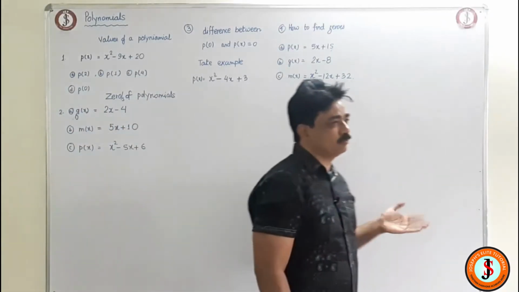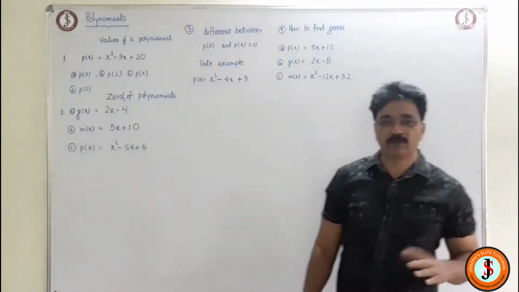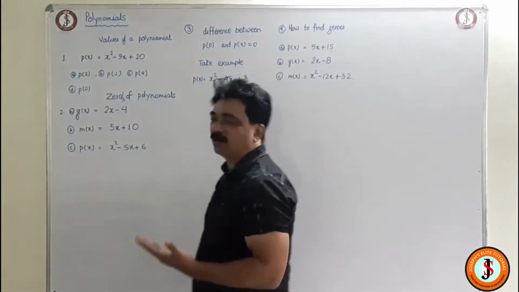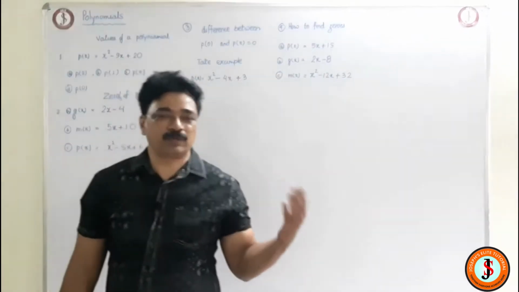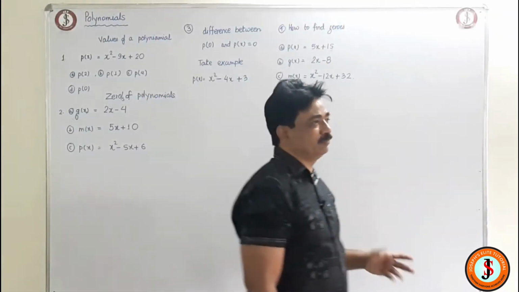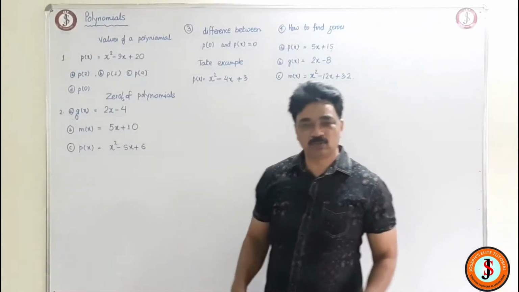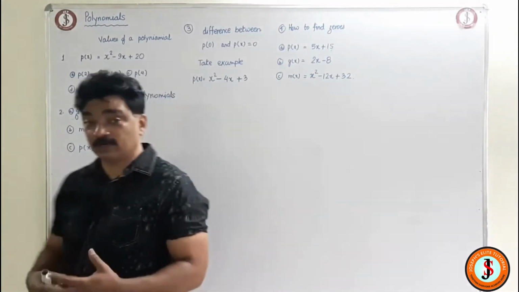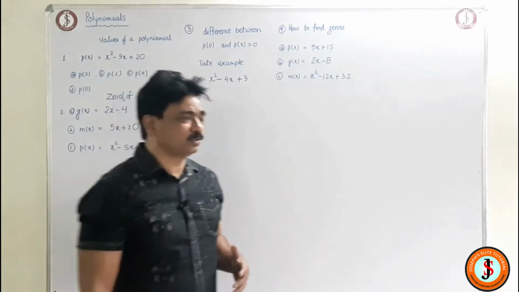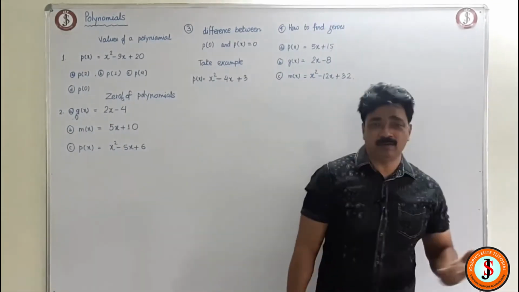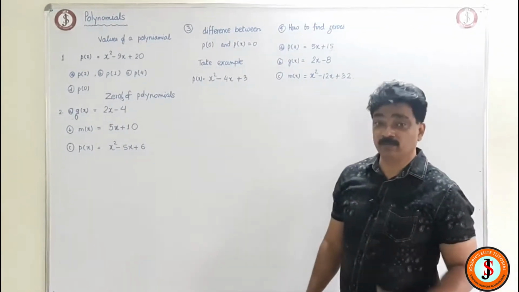Suppose I put x is equal to 1, I will get some value, and if I put x is equal to 2, I will get a different value. If I put x is equal to 0, I will get 20, and so on. That is why in algebraic expressions the alphabets are called variables.